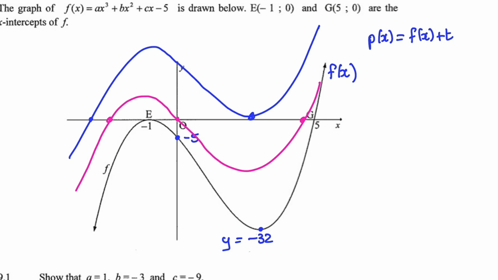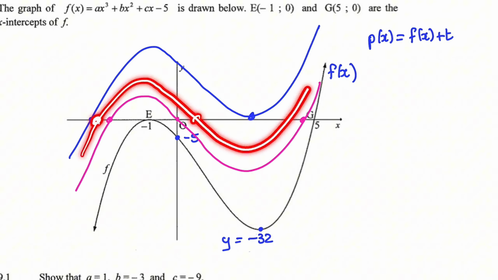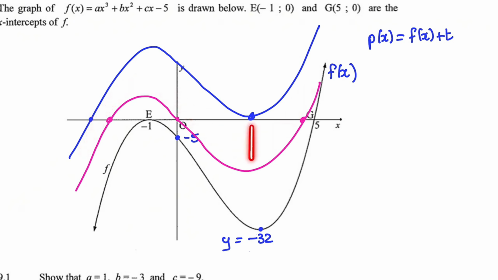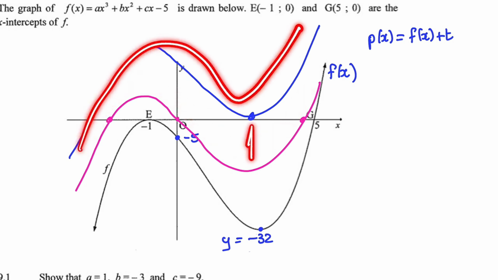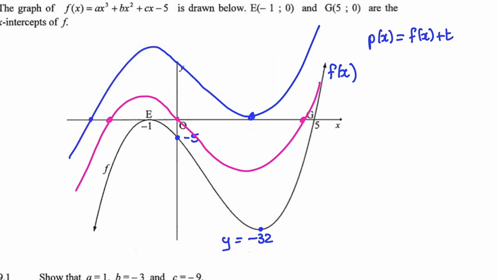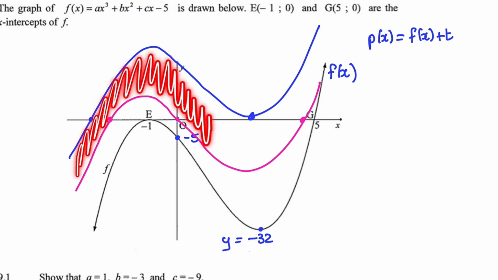So can you see that in between a movement of 5 and up by 32, there will be a negative root and 2 positive roots. Anything more than 32, there will be no positive roots, and anything less than 5 units will give me 2 negative roots. So t needs to be between the blue and the pink graph.